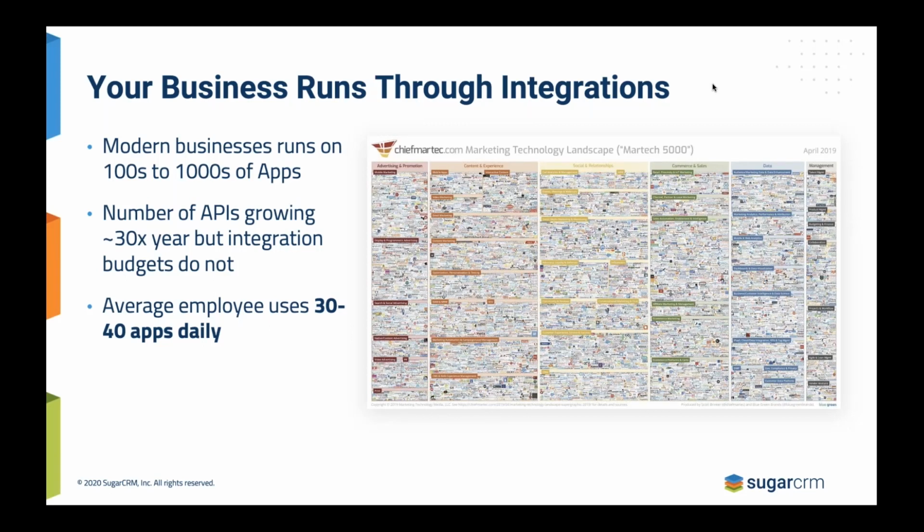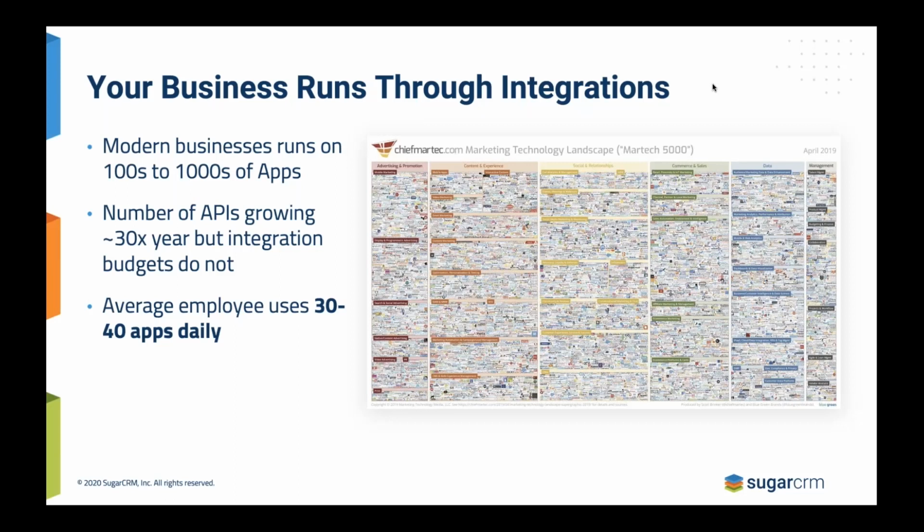So business applications are growing exponentially every year. An average business unit user leverages 30 to 40 applications daily to get their work done. That means your average sales, support, marketing person touches that many apps each day. So if you think about your business, how many of these apps do your teams use every day, and how many have customer information that should be part of your CRM solution?